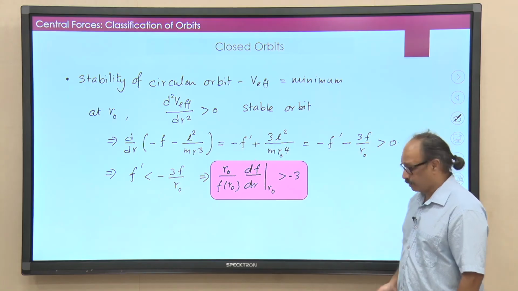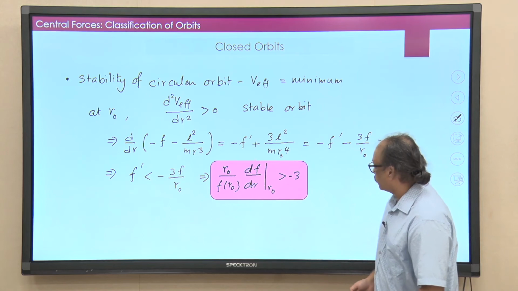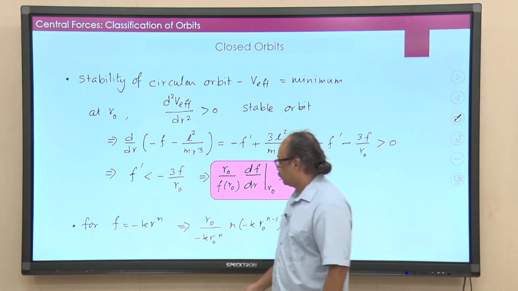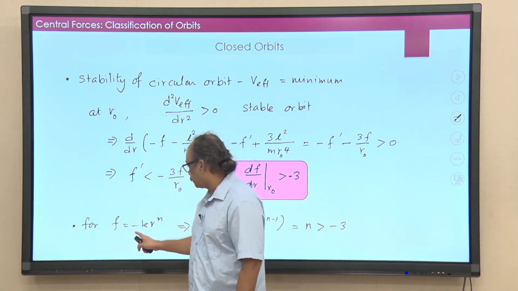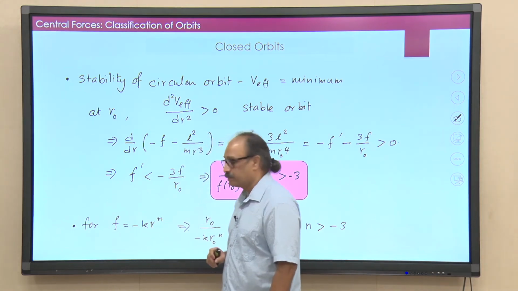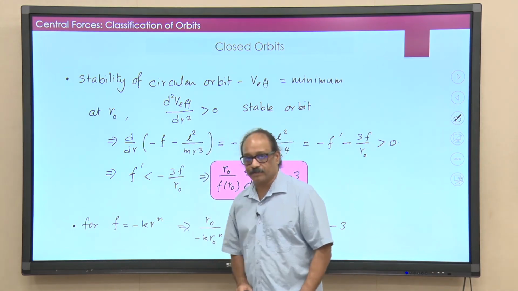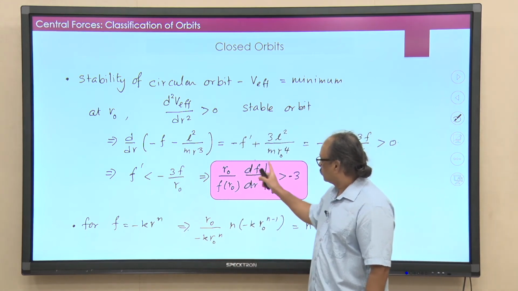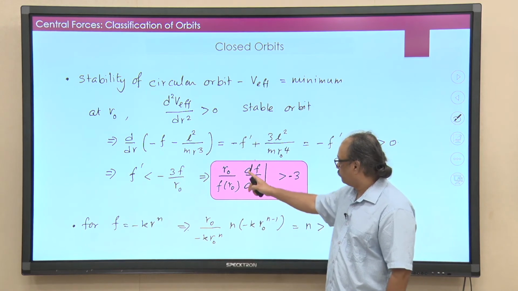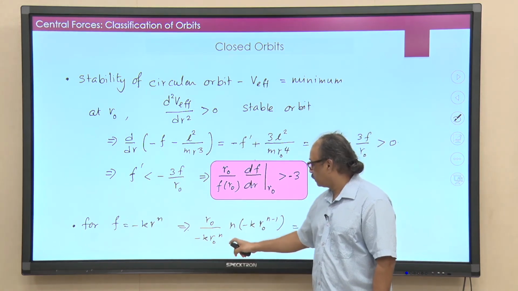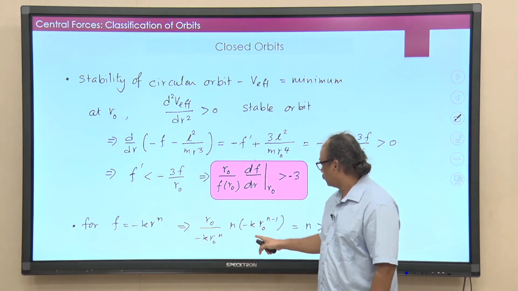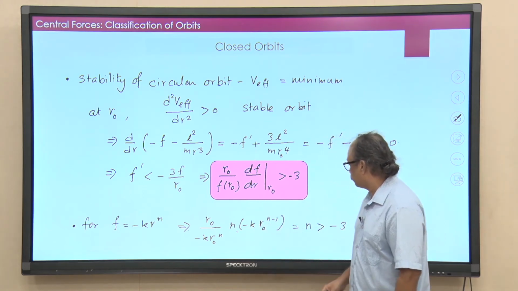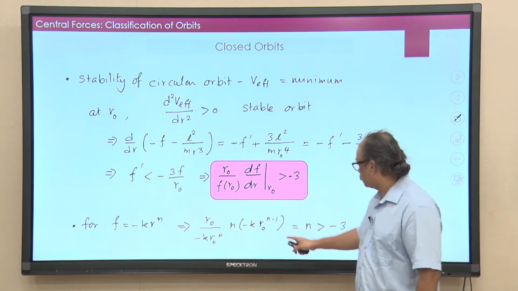So, there is one possibility, and you can see that if I apply this to a power law, then for f is equal to some minus k times r to the power n, where k is some positive constant, say, calculate this, the left hand side would be r naught divided by k r naught to the power n, and the derivative when you take this will be n times minus k r naught to the power n minus 1.